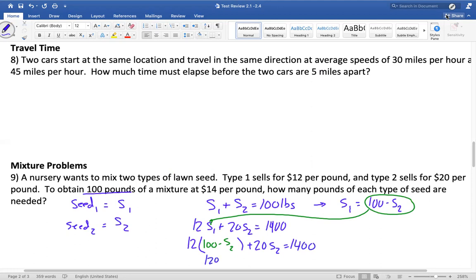Distribute that: 1200 minus 12 S2 plus 20 S2 equals 1400. Combine my like terms, that's 8 S2 equals, subtract the 1200, 200, divide by 8, and you get 25.